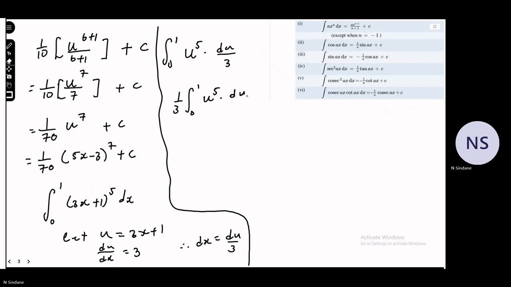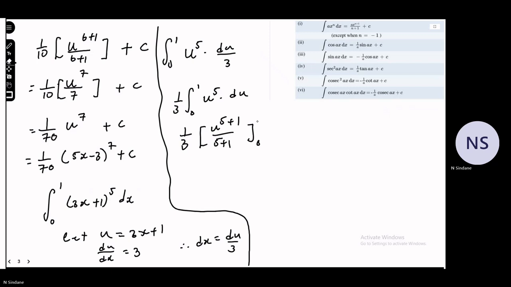And then integrating that, I'm going to have 1 over 3 times u to the power 5 plus 1 divided by 5 plus 1 plus c. And then from there, because I'm dealing with a definite integral, let me remove the c now. And then this will be from 0 to 1.